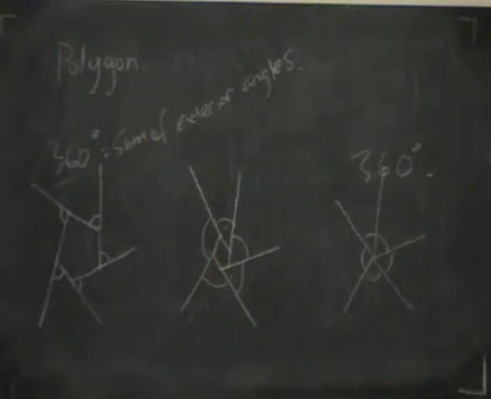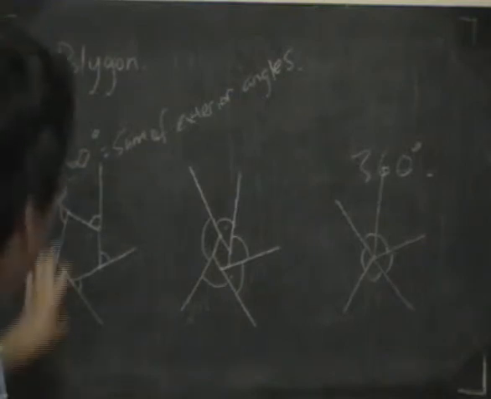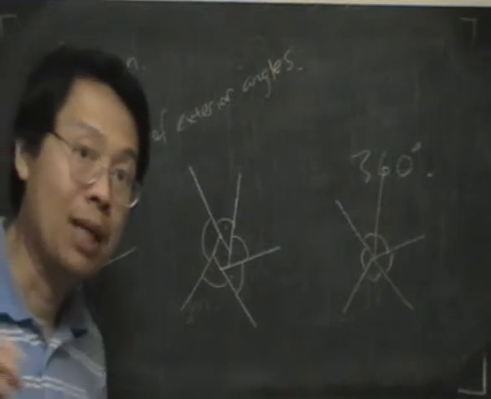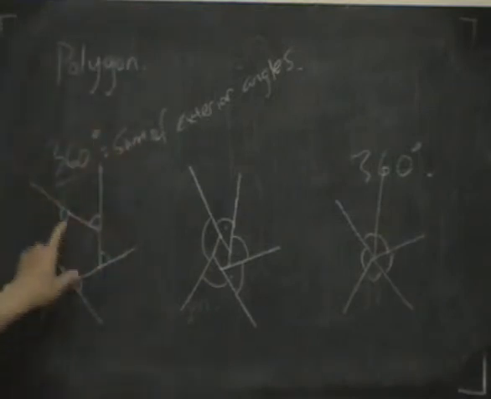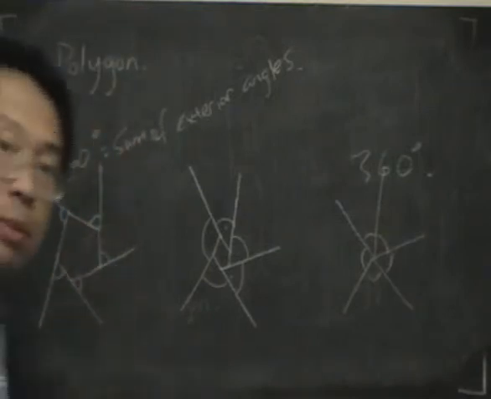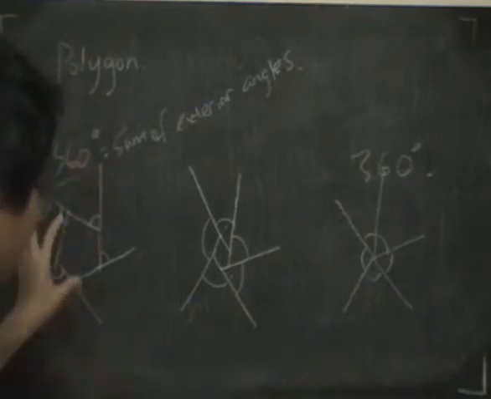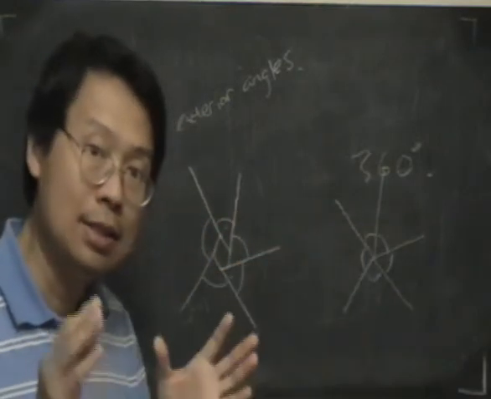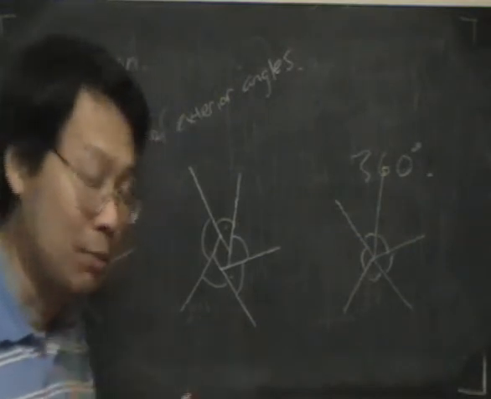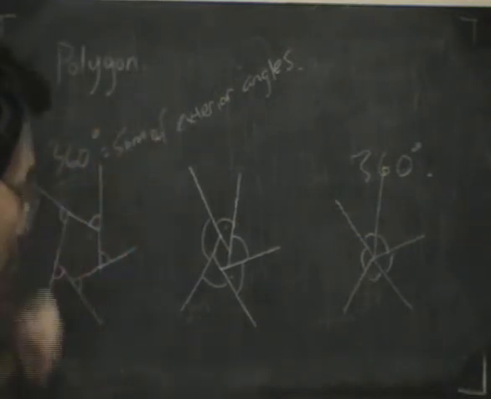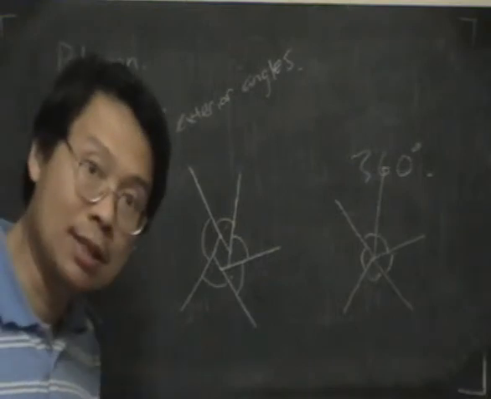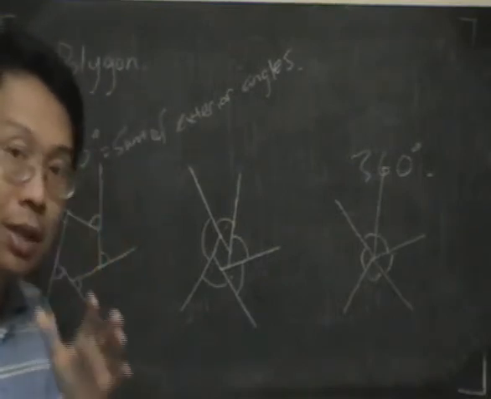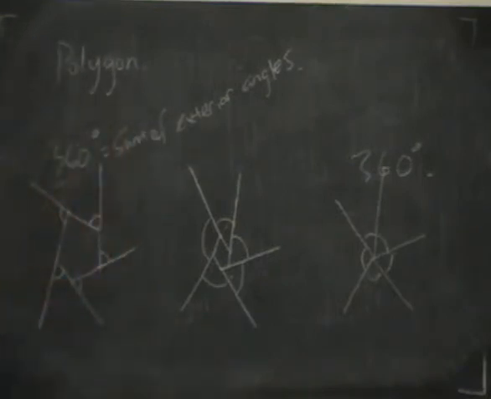Now notice that although I have drawn a pentagon, a 5-sided polygon here, this idea of shrinking the polygon is the same. It can be used even if I have a polygon with 6 sides or 7 sides or any number of sides.